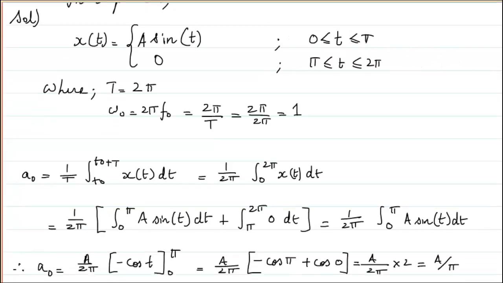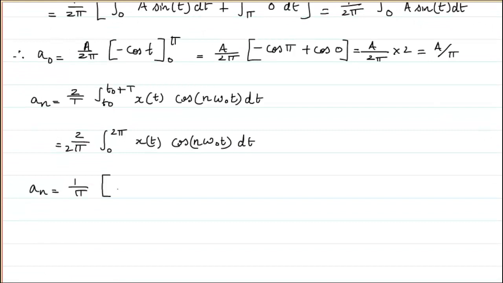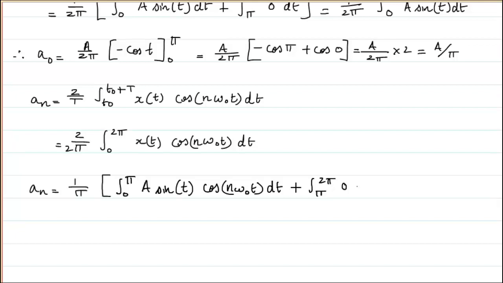So I will basically write from 0 to pi, it is going to be a sine t cos n omega naught t dt, plus then from pi to 2 pi 0 into cos, which is again going to be 0 dt.